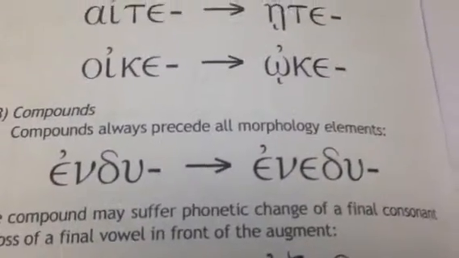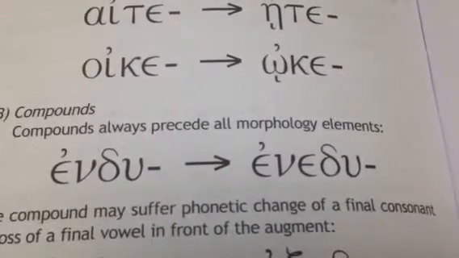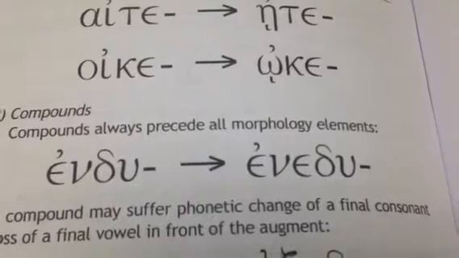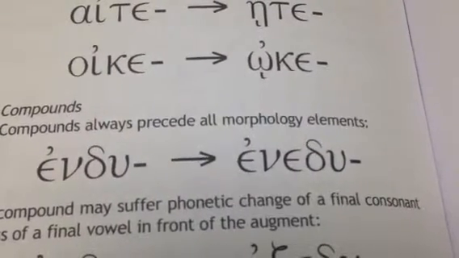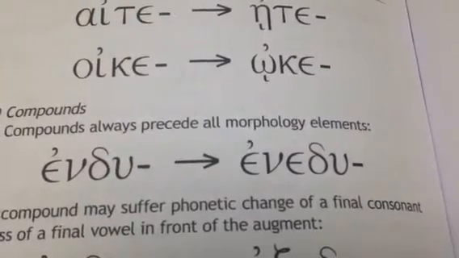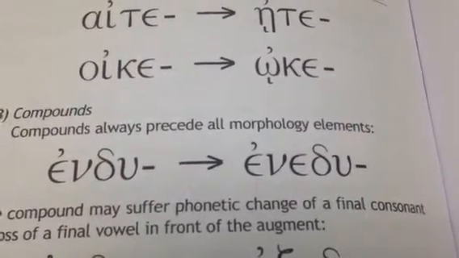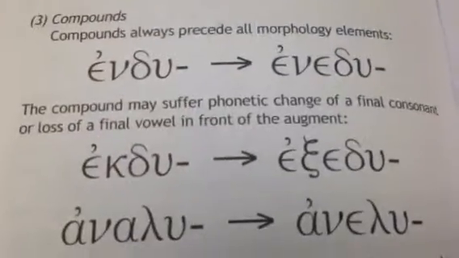Now remember, if you have compounds, then the compounded preposition always precedes all morphological boxes. So it comes all the way at the beginning. So that means it also precedes your augment box number 1, which places the augment in the middle like a sandwich.